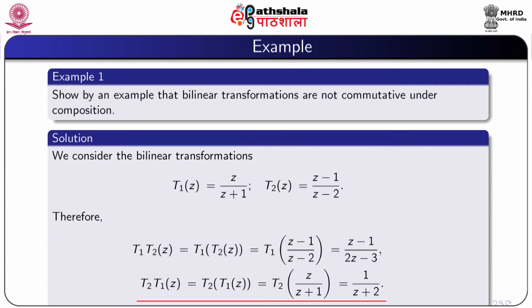Also, T2 T1 of z equal to T2 of T1(z), which is equal to T2 of z by (z plus 1), and by simple calculation we obtain this equal to 1 by (z plus 2).